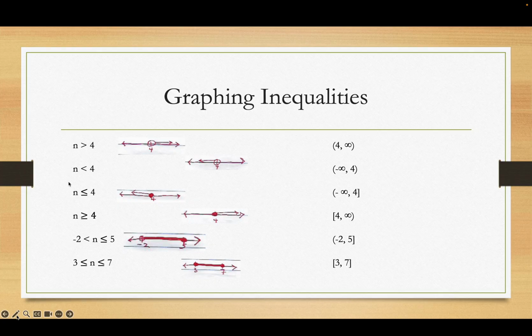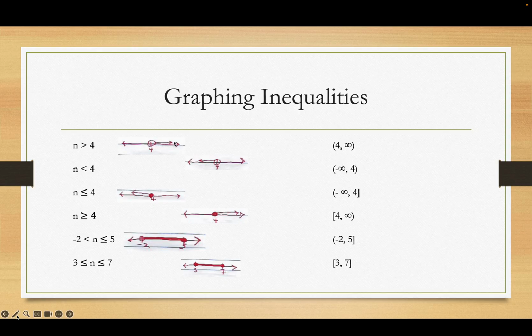As long as the variable's on the left, the arrow that you draw coming off the critical point of 4 is going to go in the same direction as the inequality points because it comes from that arrow. Now, looking at these first 4, I also want you to know that there's another way of writing this with interval notation right here, or bracket notation, whatever you want to call it.